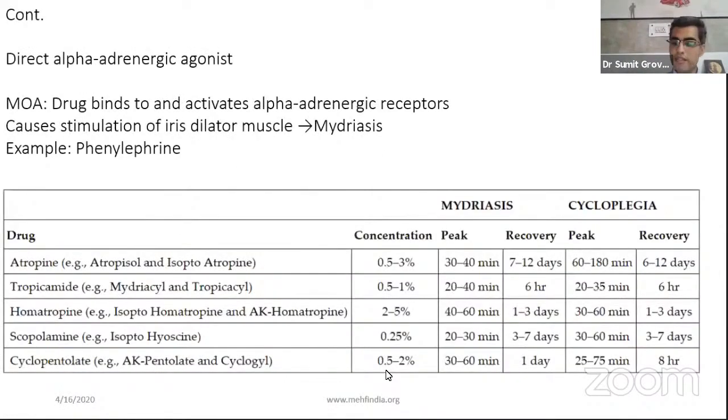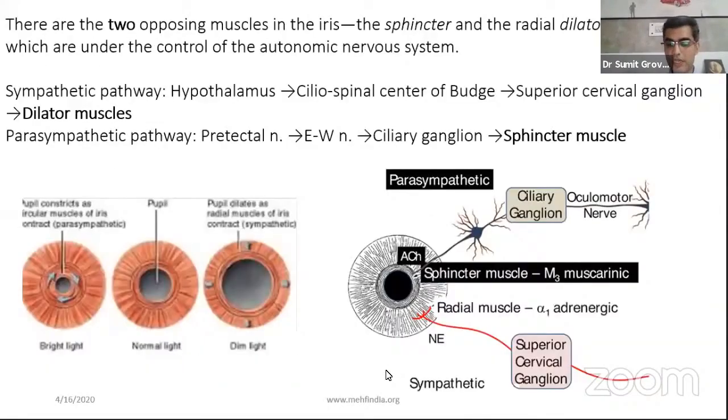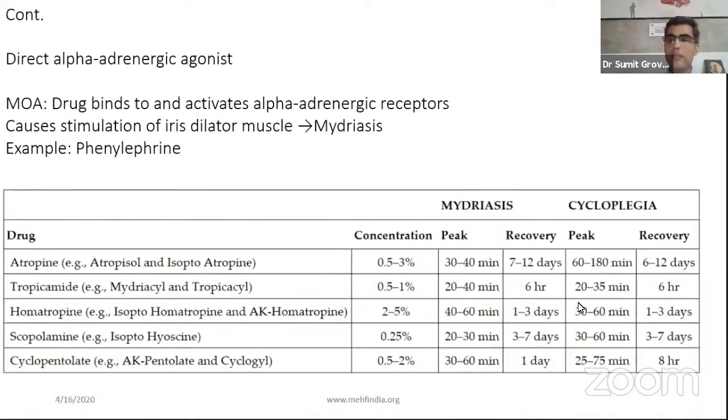Then there are direct alpha adrenergic agonists. They bind directly to these alpha adrenergic receptors, this receptor, and cause dilatation. An example is phenylephrine.